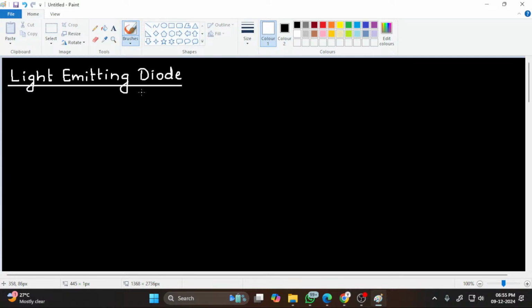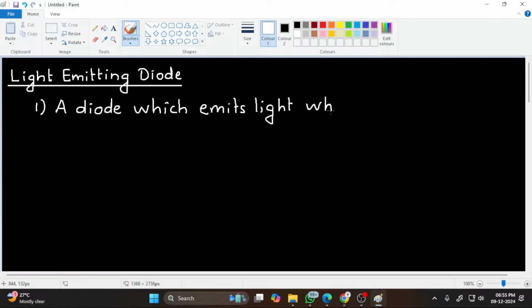What is the description? A diode which emits light when large forward current flows through it.